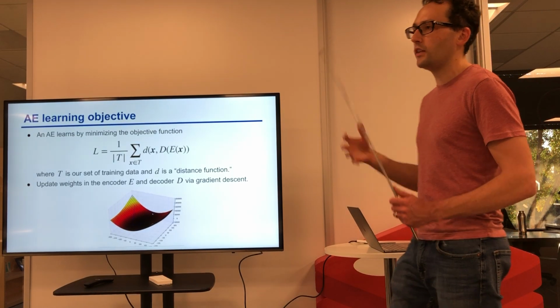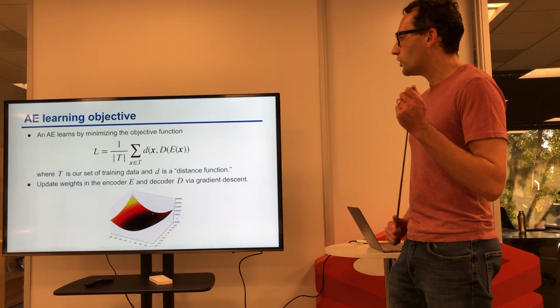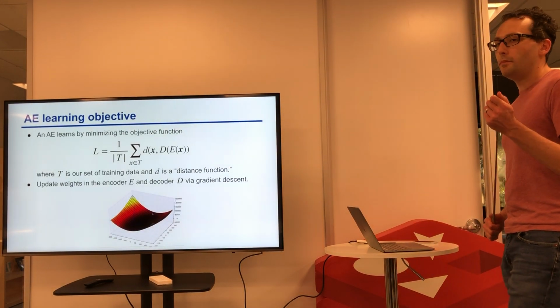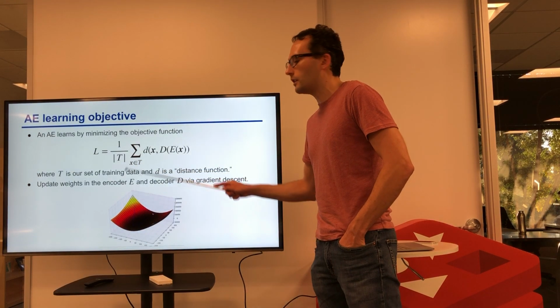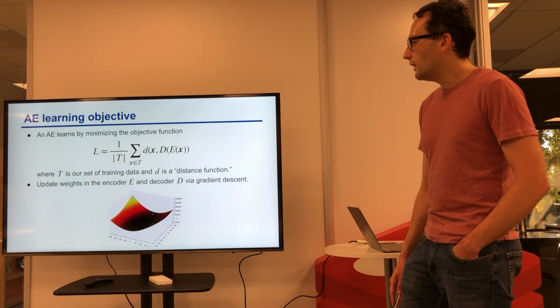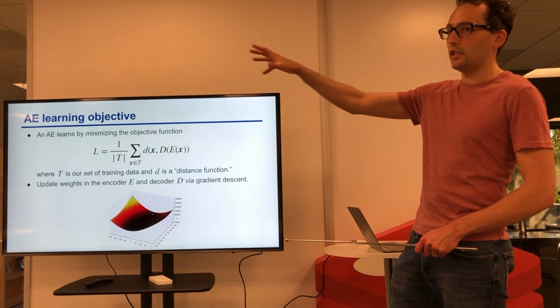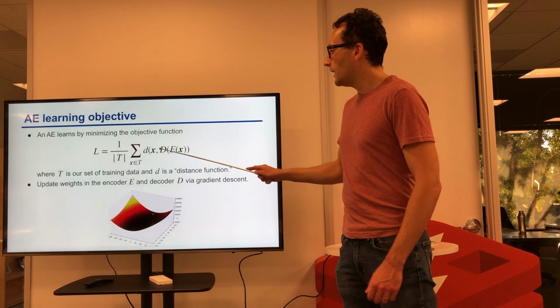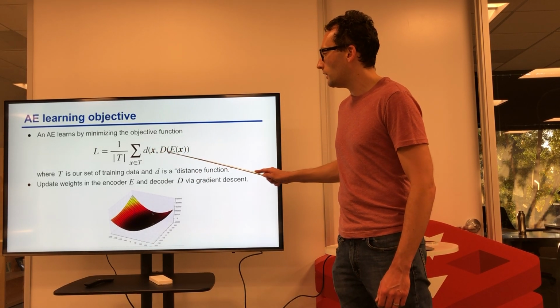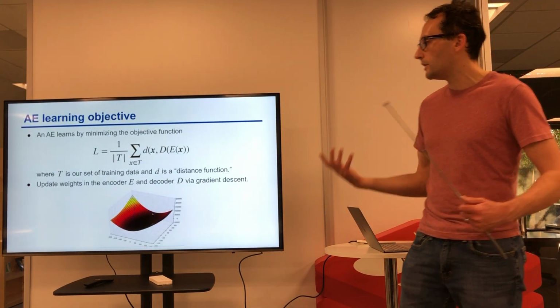So what is a loss function that will characterize the task I've just described? A loss function that would be appropriate would be to take a whole bunch of data points in some training set that you have, pump them through this encoder-decoder pair, and then take the output data point, the reconstruction, and force the input and the output to be very close to each other with respect to some distance function.